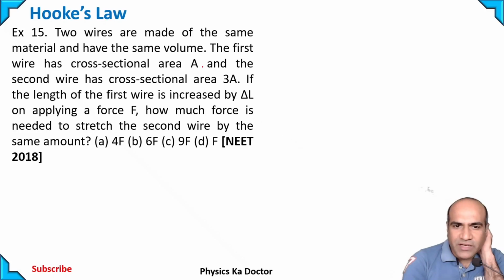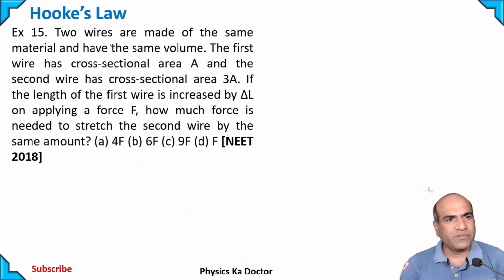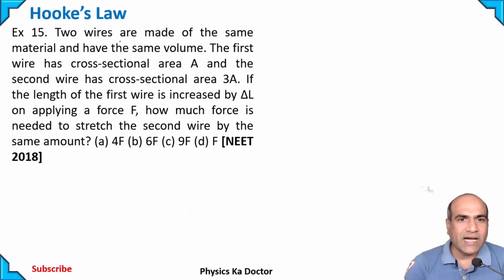Example number 15. Again, it is NEET 2018. I think you should pause the video here and try this example by yourself, and then compare your answer. Example number 15 says, two wires are made of the same material and have the same volume. If the material is similar, that means their Young's modulus is common.